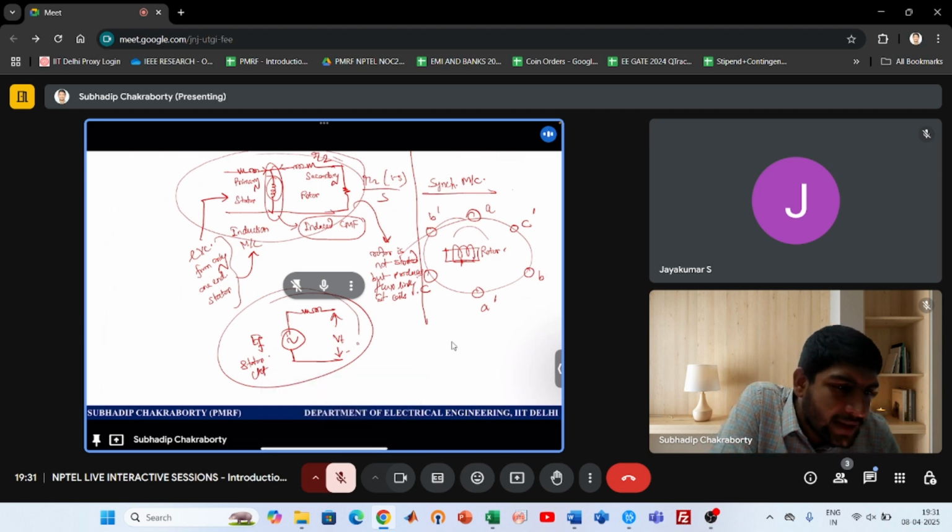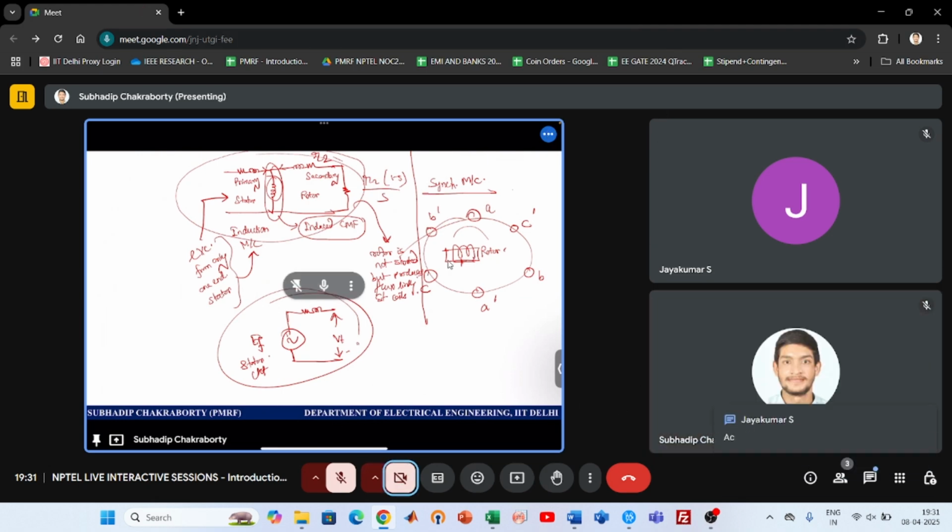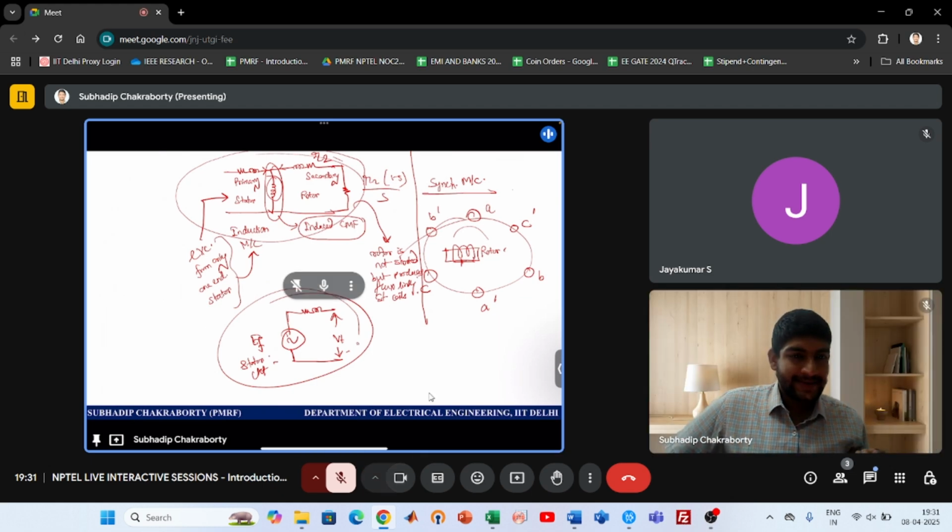What is the power in the rotor? AC or DC for a synchronous machine? No. You have a small battery, whose current is in the rotor.